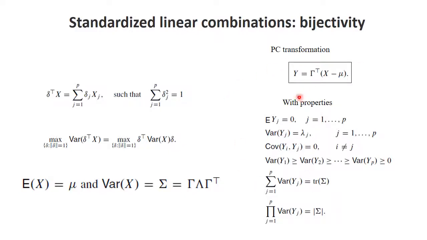Of course, in reality, we need to estimate all these properties from limited data. So it also means that the principal components or factors that we get are only estimates of the actual factors in the entire population. We also notice bijectivity. That means that you can go from x to y in this way, but you can also go easily from y to x by just multiplying everything on the other side.